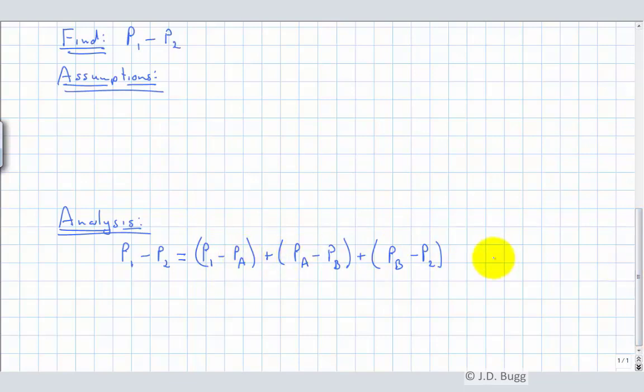So where does this pressure difference come from? Well, it comes always from our basic hydrostatic equation. So this is the starting point for calculating each of these pressure differences that we've recognized that we need. As soon as we write down the basic hydrostatic equation, we need to go to our assumption list and add the fluids that are in a hydrostatic state.